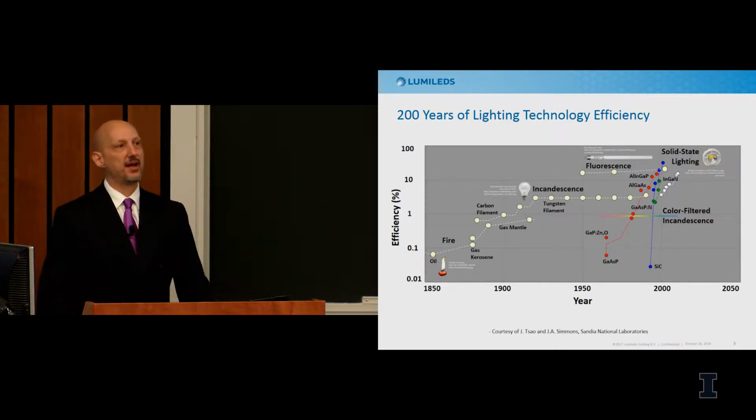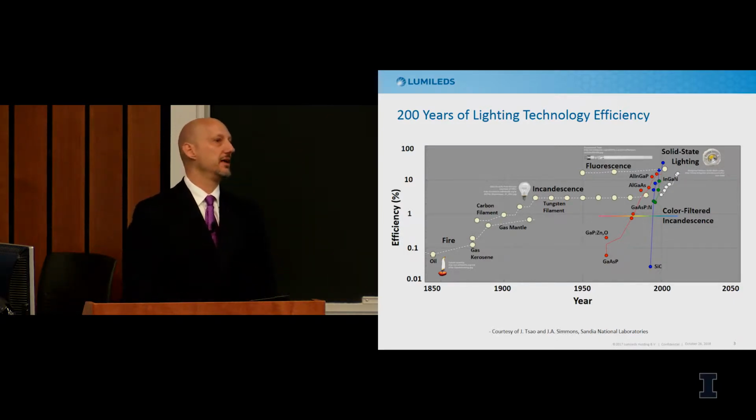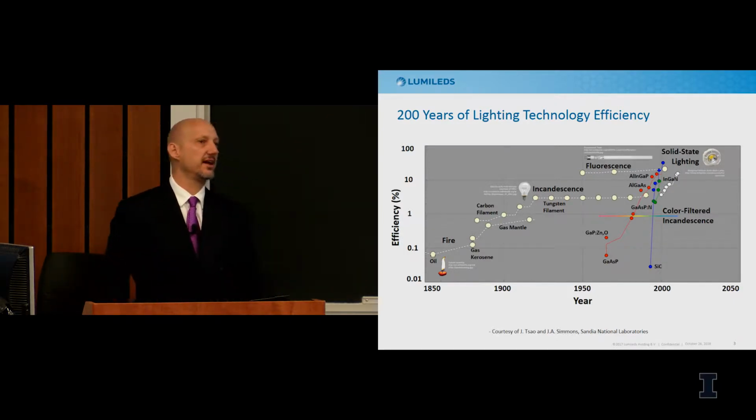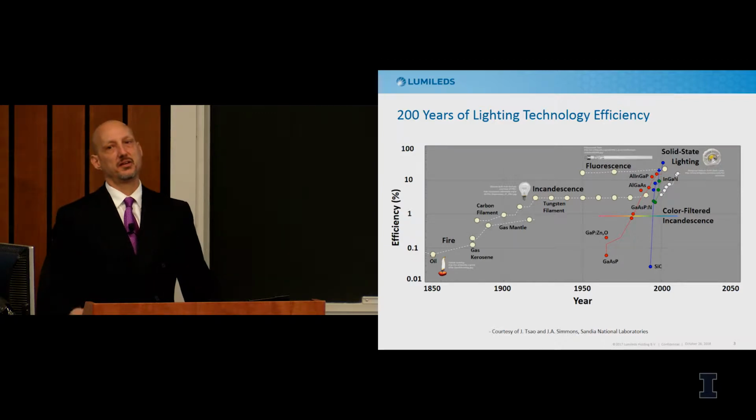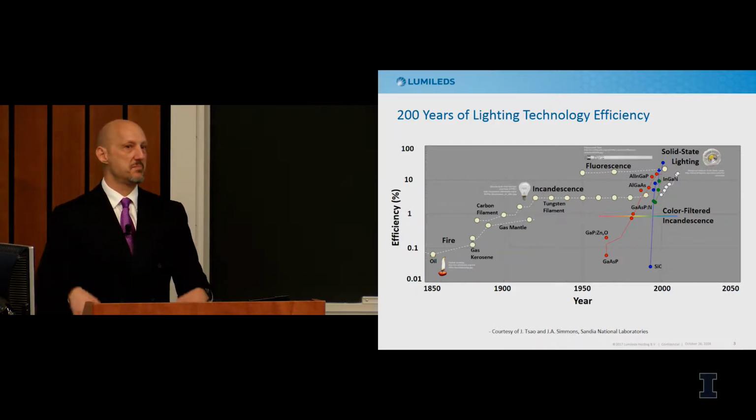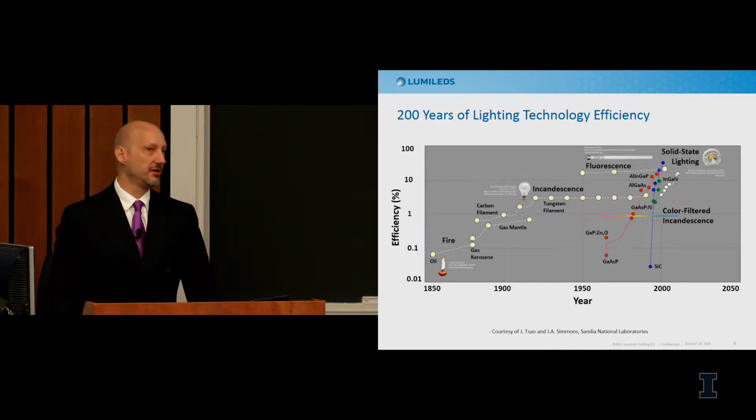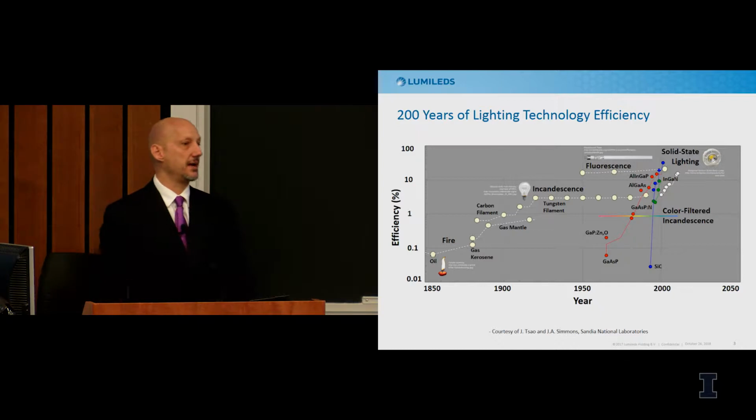And what we now have today is a world that is predominantly lit using solid-state lighting sources, LEDs, and to a lesser extent, OLEDs and lasers. But for the foreseeable future, there is no technology that will challenge this ultimate lamp.